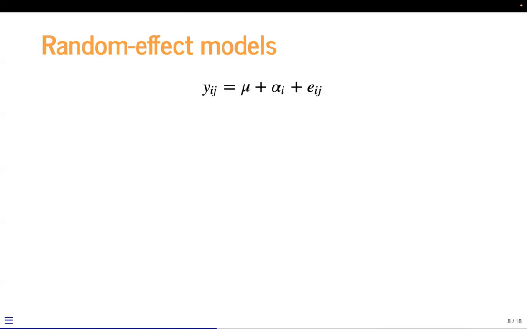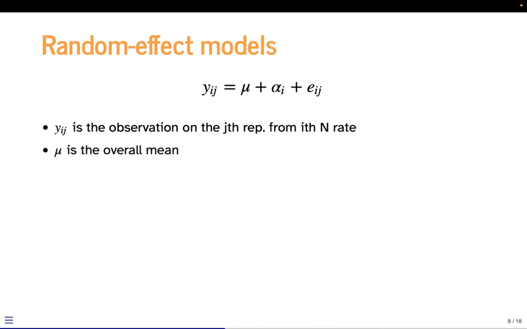So another example here of a random effect model, the model itself, the way it looks, is not different from before. It's more on how those terms are explained. So still you have Yij, still you're observed from a given rep in a given nitrogen rate. If you have a random model, your overall mean is your only fixed term that you get from this model.